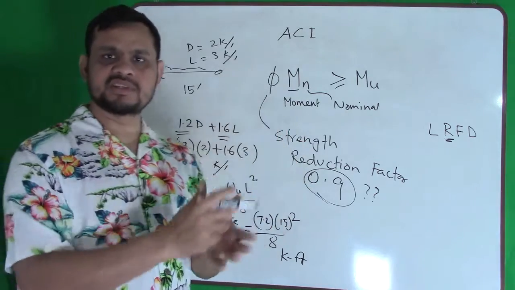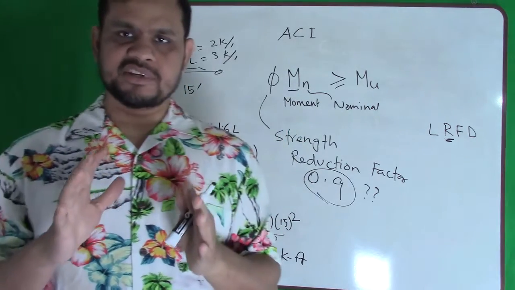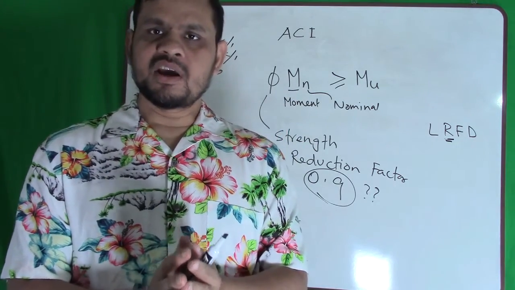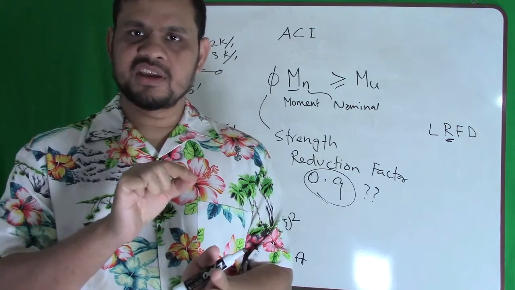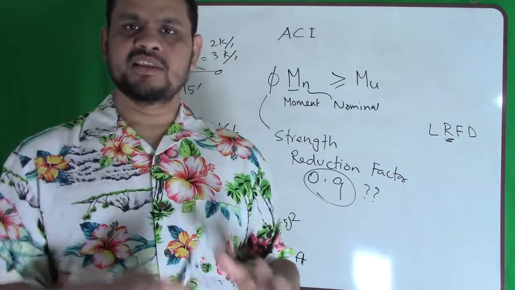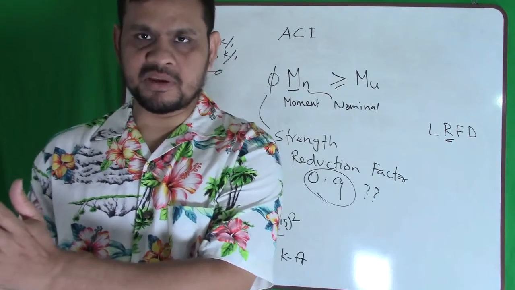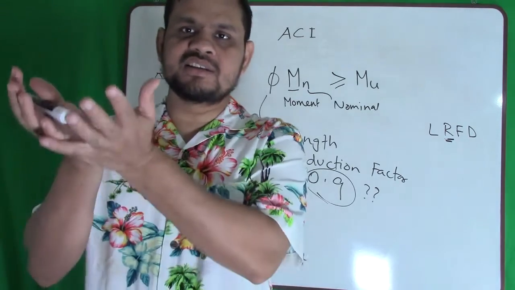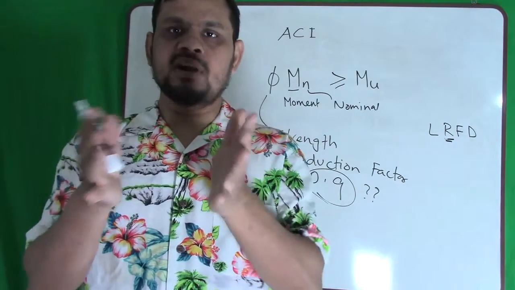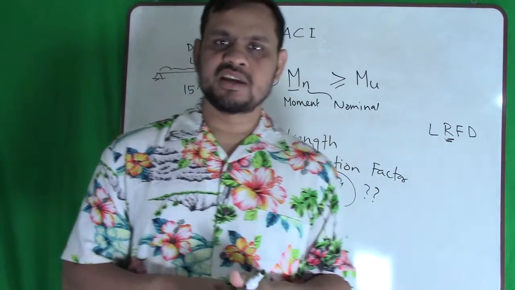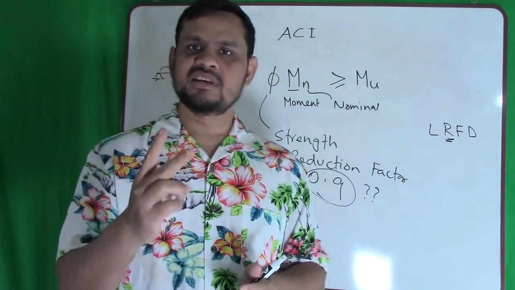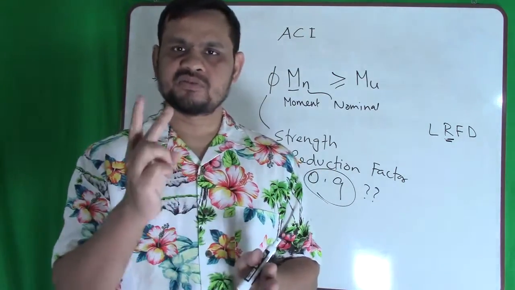But the concept is this: whatever the capacity of my section in the laboratory, I will multiply by phi and decrease it. Then whatever my actual load in my structure, I will increase it. Then I will compare. So I am adopting safety in two ways.